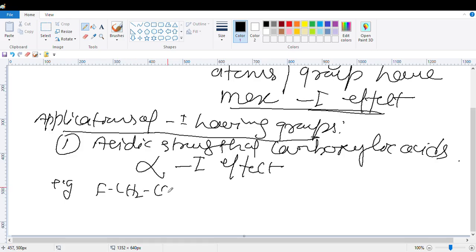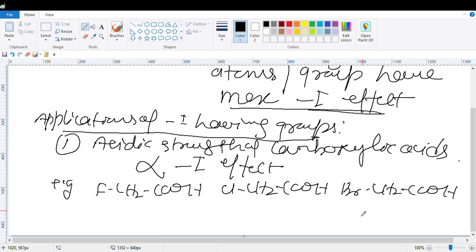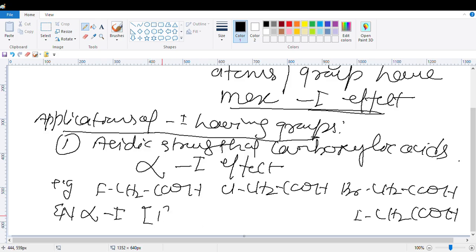FCH2COOH, ClCH2COOH, BrCH2COOH, and ICH2COOH. Electronegativity is directly proportional to the minus I effect. Fluorine is most electronegative and iodine will be least electronegative.